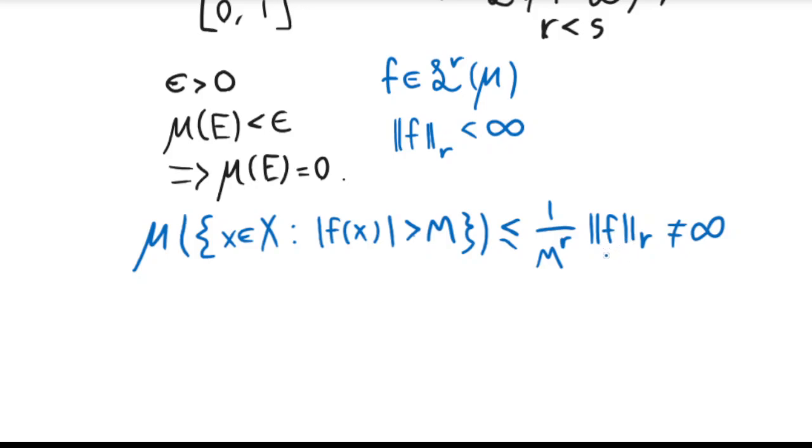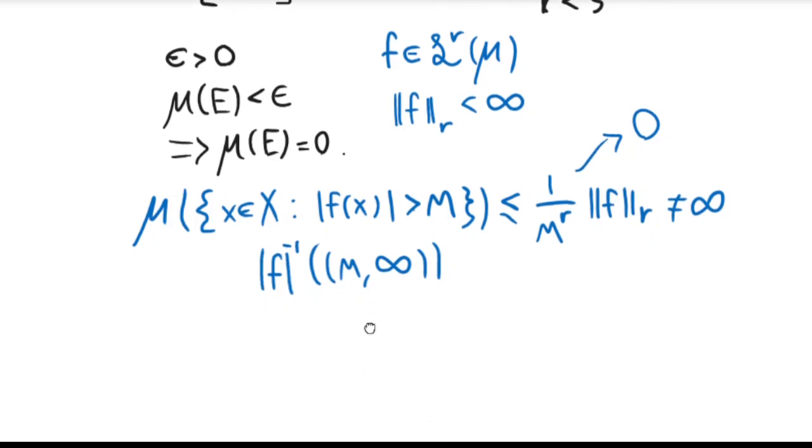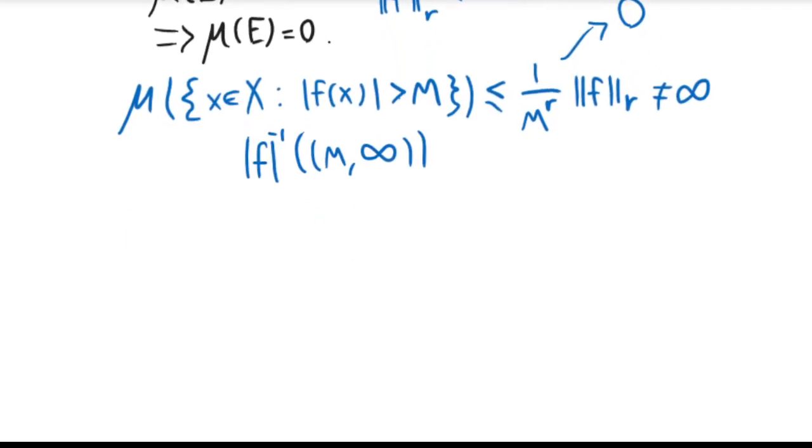What we can observe is that as m goes to infinity, the right side goes to 0 because of that. Basically what we're doing is measuring pre-images, so we're measuring something like the absolute f inverse of [m, infinity). We're saying that the measure of these sets goes to 0 as m goes to infinity.